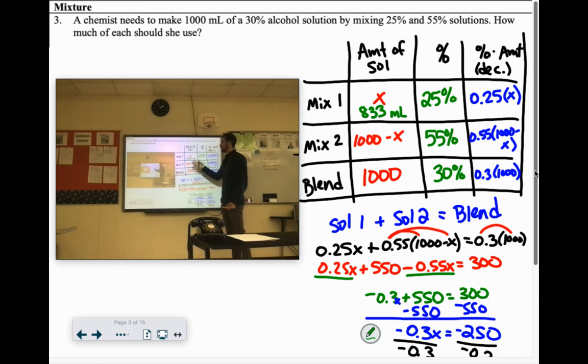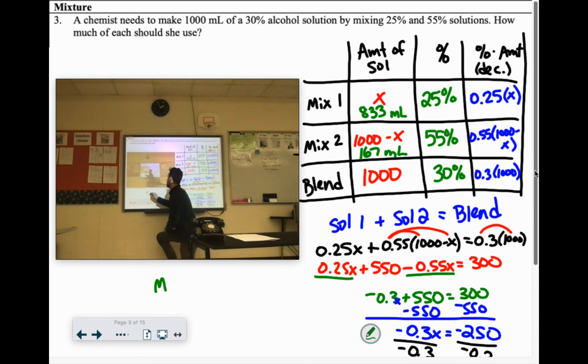Now for mix 2, you would just subtract 1,000 minus 833, which leaves you with 167 milliliters of mixture 2. Great. That's our answer. So mix 1, which is the 25%er, is 833 milliliters.